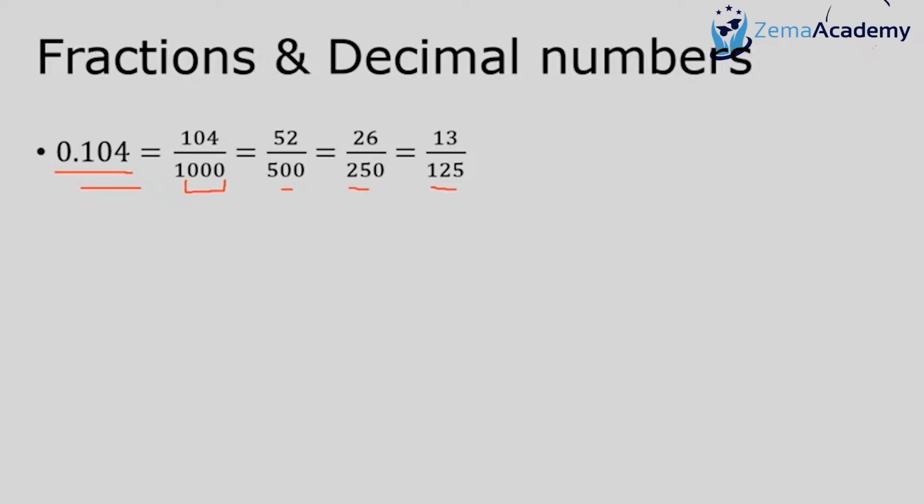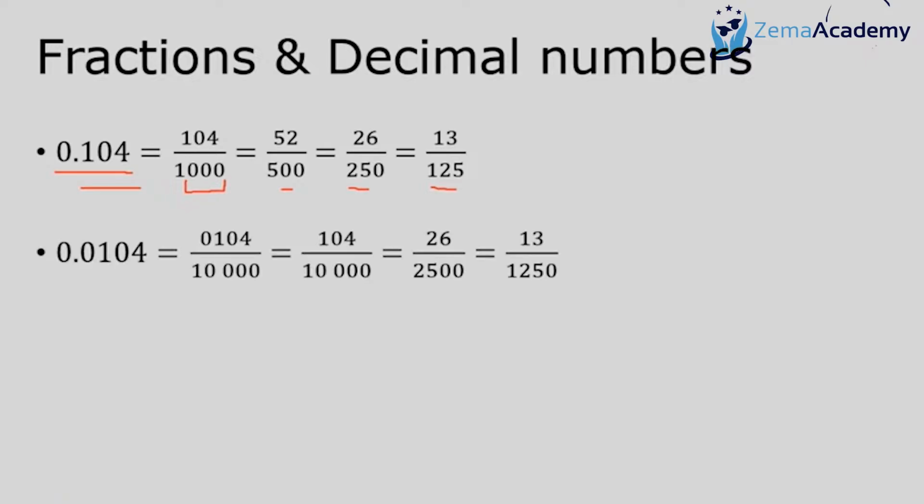But what about when we have zeros? Like this. So here's an example. We have 0.0104. Now, I'm going to use the same technique that I used in the version above. I'm going to count the decimal places. 1, 2, 3, 4. So I'm going to therefore write 0104, everything after that decimal point, divided by 10,000 with 4 zeros.